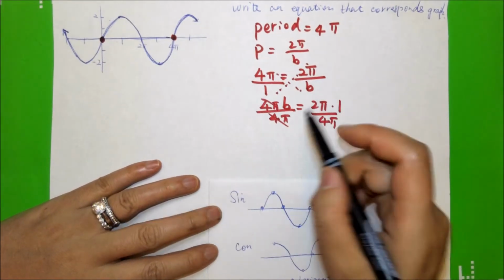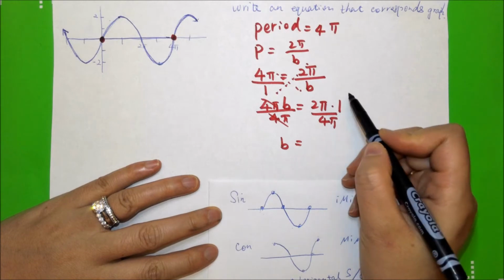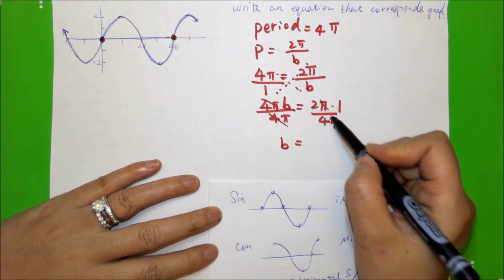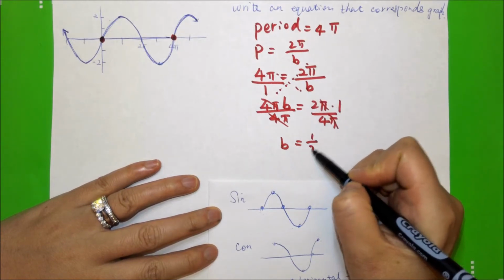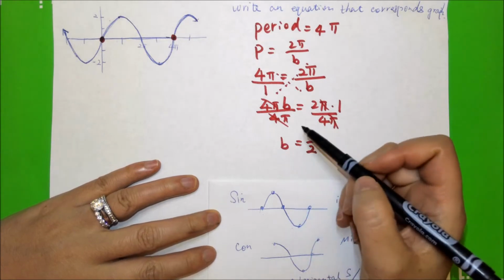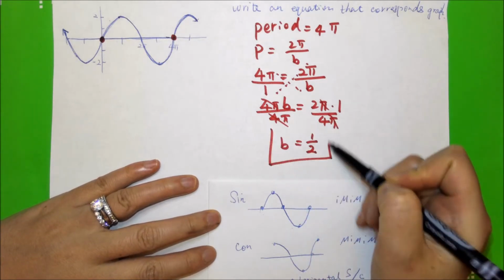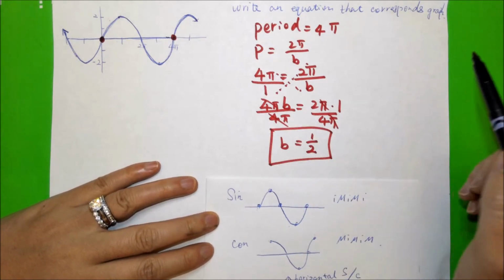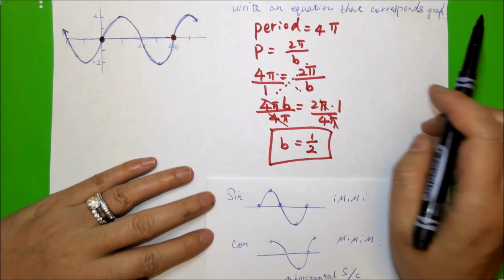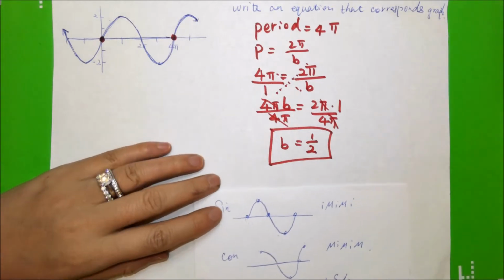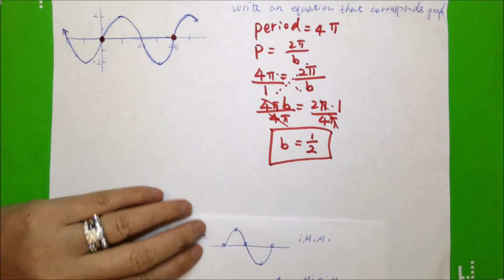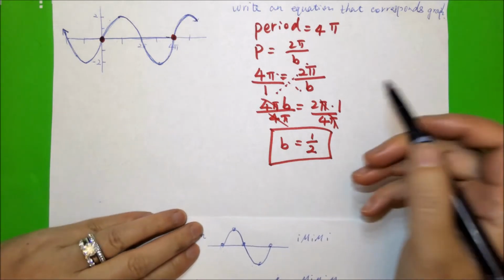My left side has b only left. My right side, after reducing, I will have 1 over 2. Once I figure out b, I would like to box my answer, so I can find a, b, c, d easily. Next thing I would like to figure out is a.